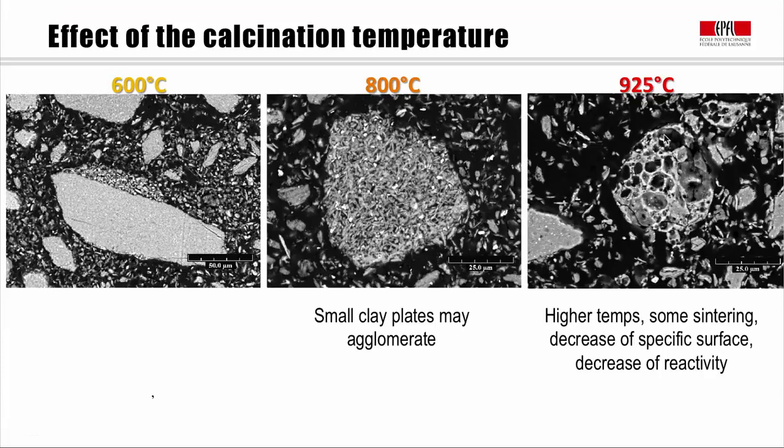And now when we go to higher temperatures, in this case we've gone right up to 925, we can see that we no longer see these individual platelets, but we see these kind of glassy looking grains. And what's happened is we've had a small amount of liquid phase forming, which actually sinters these clay particles together.